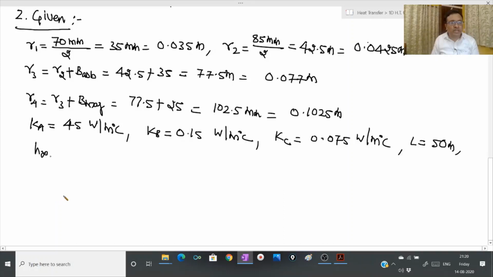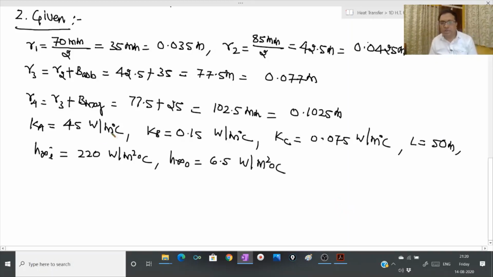Convective heat transfer coefficient of hot fluid is given as 220 watt per meter squared degree Celsius and that of outer air is 6.5 watt per meter squared degree Celsius. Apart from this, steam temperature is given as 350 degrees Celsius and air temperature is given as 30 degrees Celsius.